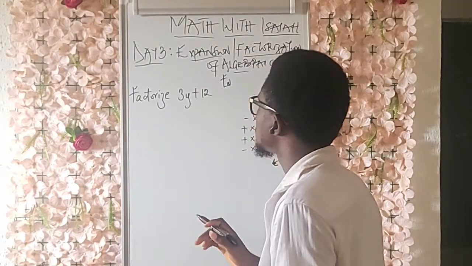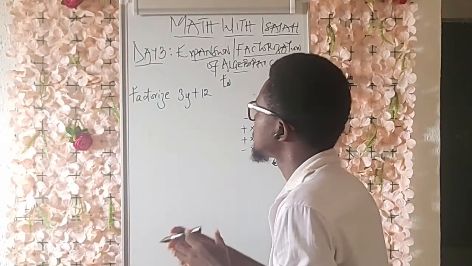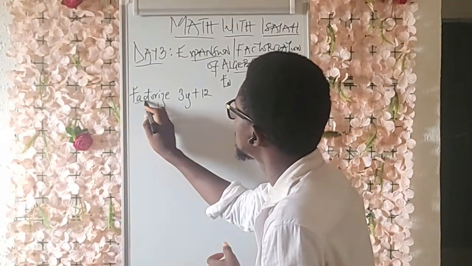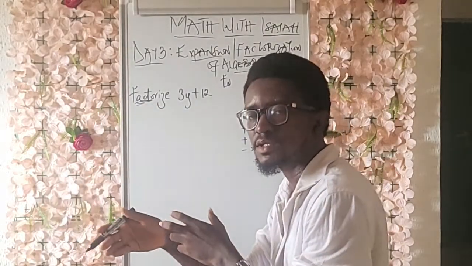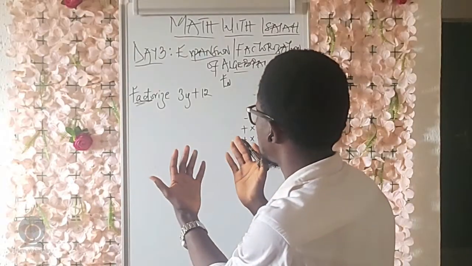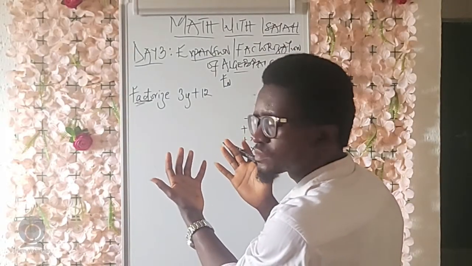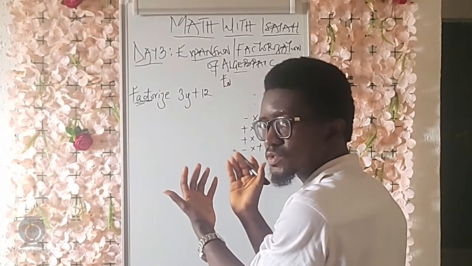Alright. Now when you say factorize, the root word for this is factor. You can see it here. So when you say factor, you mean we're looking for something inside something. Like when you put two things together now, you say factorize, it means what's common between them? Let's find the factor that's common between them.